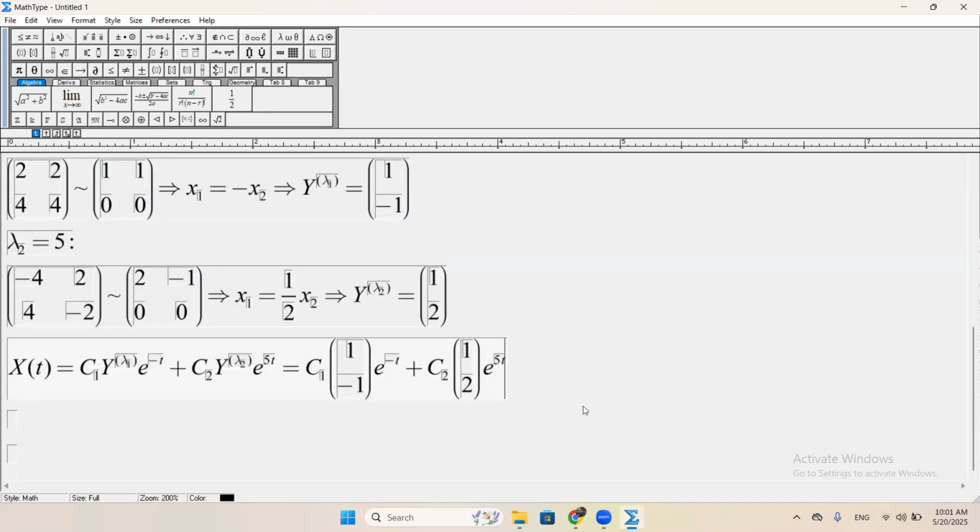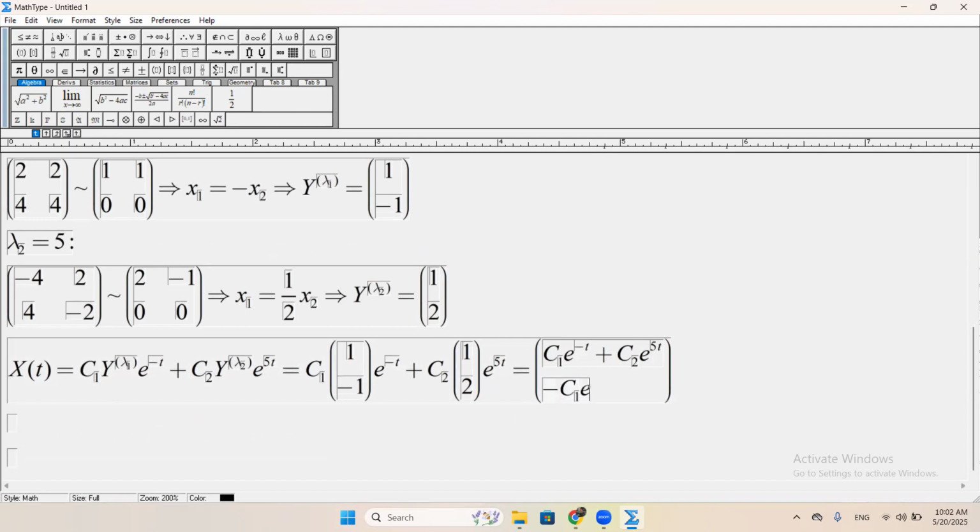If I add and multiply everything, I will receive such a vector column: C1 e in power of minus t plus C2 e in power of 5t, and here minus C1 e in power of minus t plus 2C2 e in power of 5t.